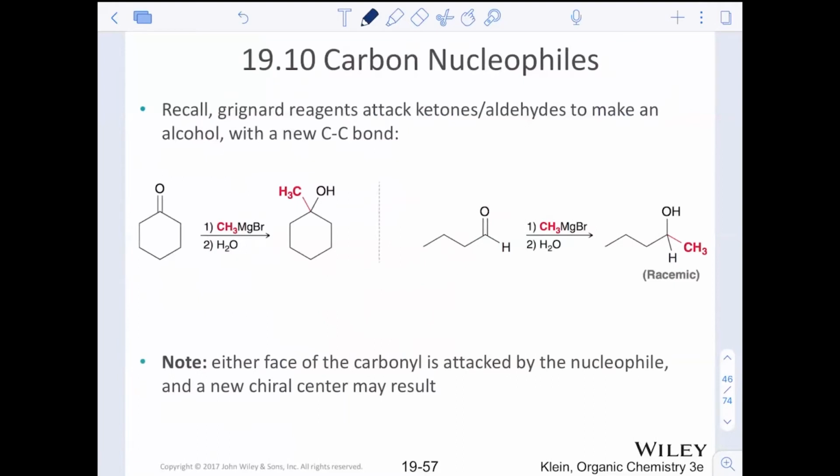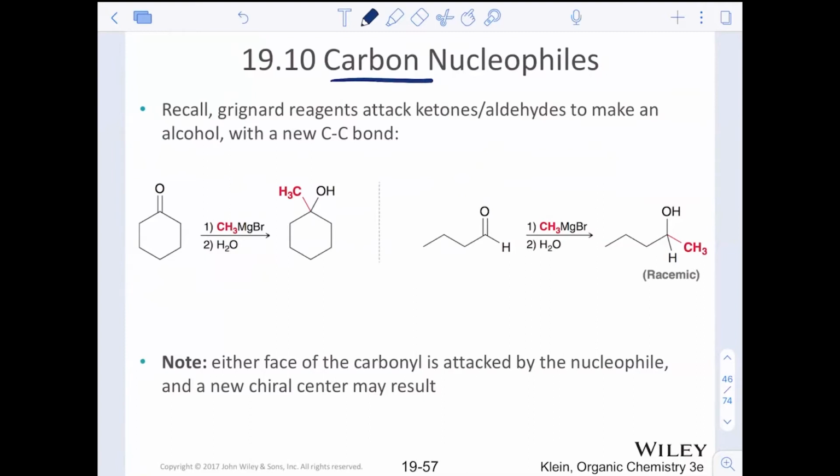We didn't get too far into Grignard reagents last semester. Grignard reagents are very important nucleophiles, specifically because they are carbon nucleophiles. We will talk about Grignard reagents more later on in chapter 23. However, let's just do a brief introduction about what these nucleophiles do.